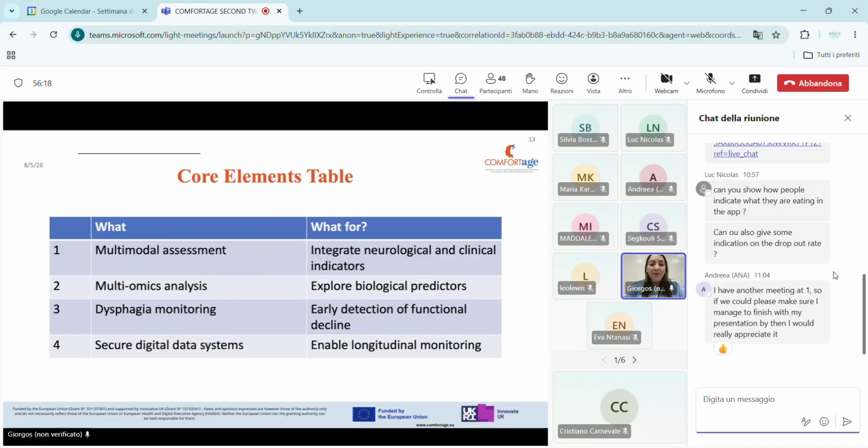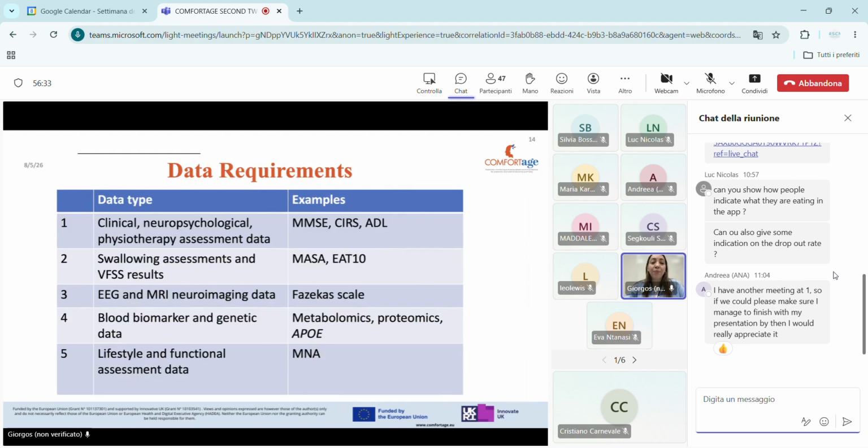Here we have the core elements. We have the multimodal assessment, multi-omics analysis, dysphagia monitoring, and finally the secure digital data system. So this is in a table. Here are some of the data requirements. We are collecting even more; these are just some examples. For example, for the clinical assessment, we have the Mini-Mental, the MMSE.